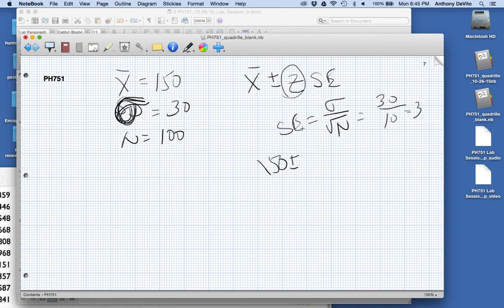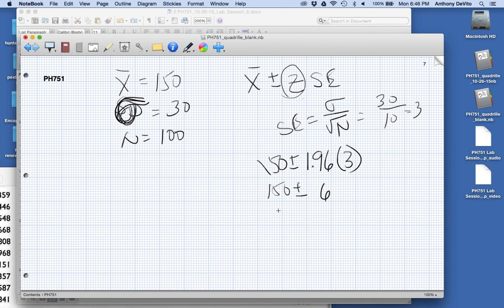For a 95% confidence interval, our standard error is based on the population standard deviation, so I can just go ahead and use what value? 1.96, right? Times my standard error, which is 3. So 150 plus or minus, I'm going to take the liberty of calling that 6 for our purposes tonight.